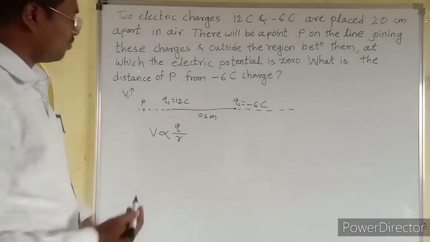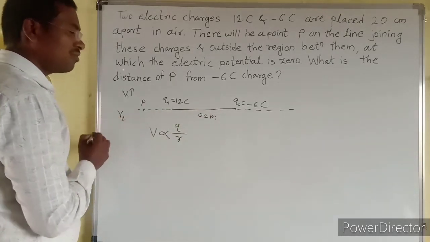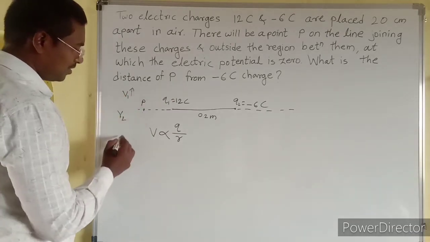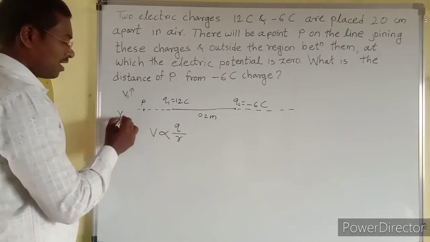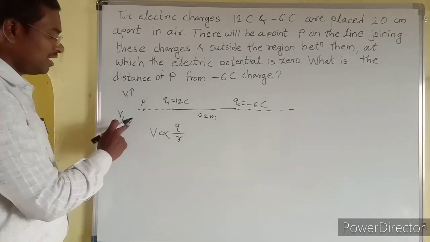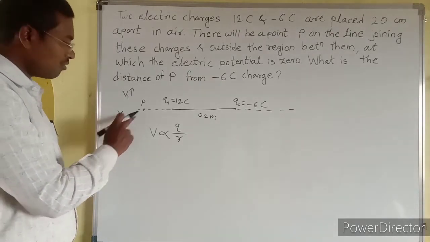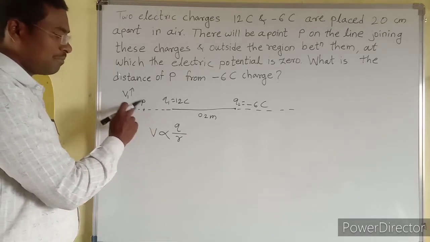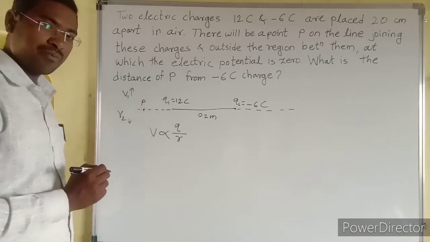So overall V2 is a very small negative potential. If we sum V1 and V2, one is a large quantity and the other is small, so in that region we cannot get potential 0.